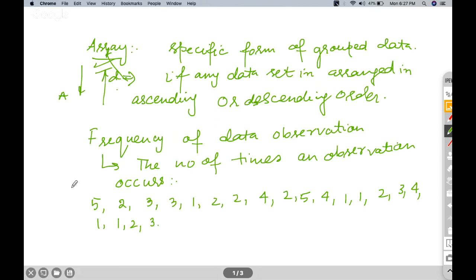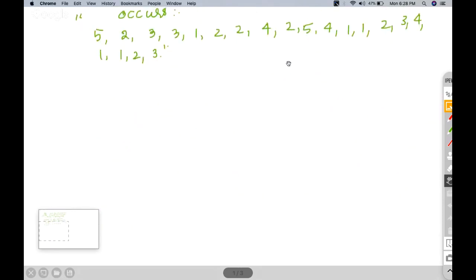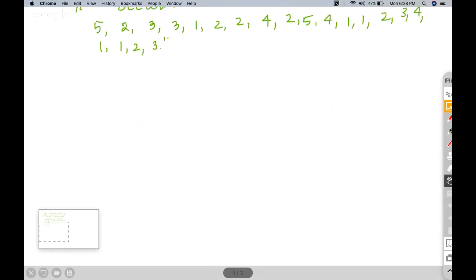First of all, if I have this kind of data, I know that numbers are from 1 to 5 and I have all the numbers. So if somebody is asking me what is the frequency of each observation, what I'll do is make it like this. So remember this. And what is this data all about? Number of children in each house.